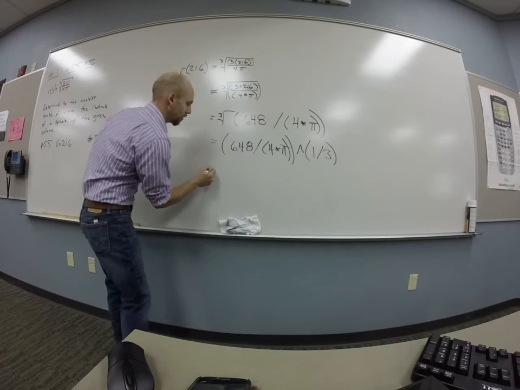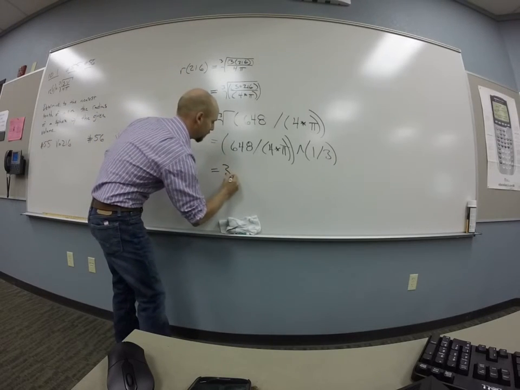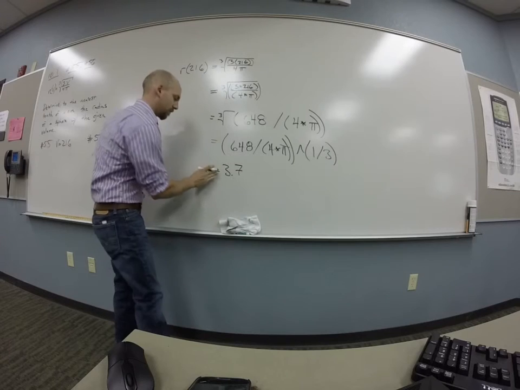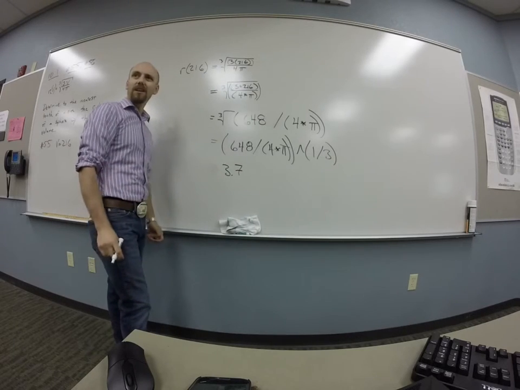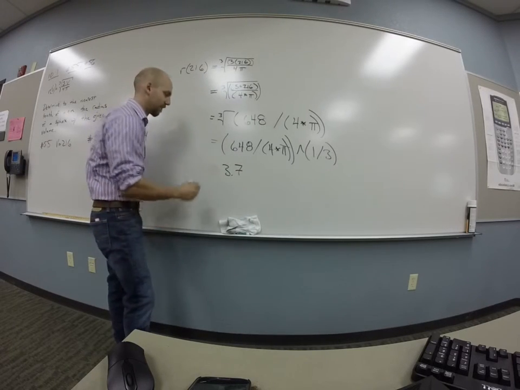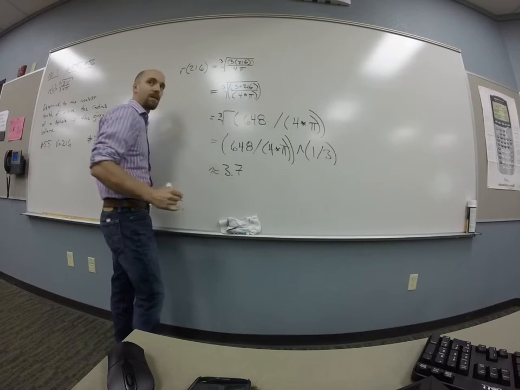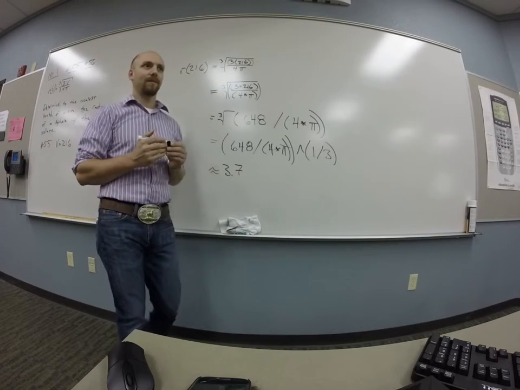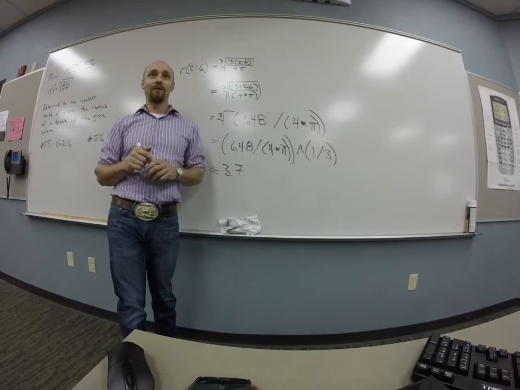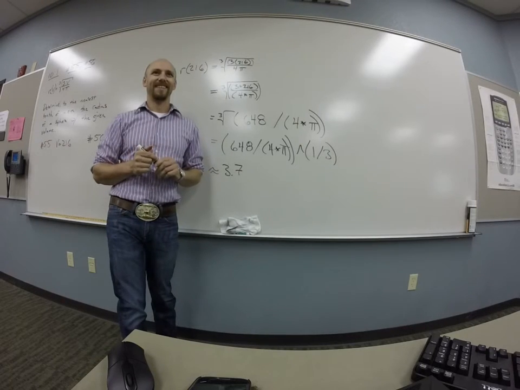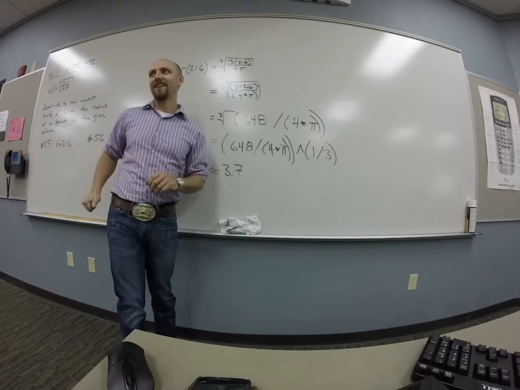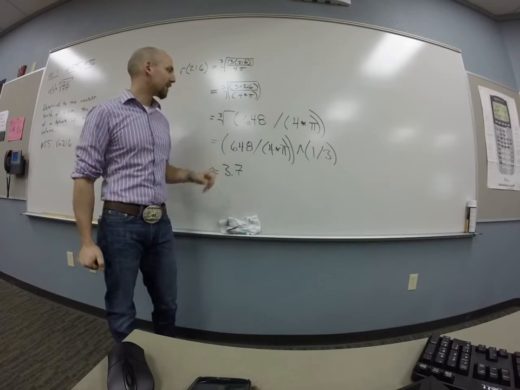What do you get? 3.7. If I cube it, it always messes up. I got like 6. I don't know why. All right, so what are we actually entering?